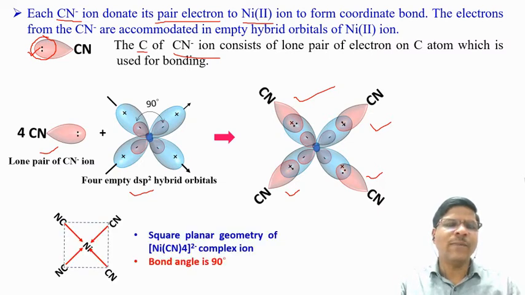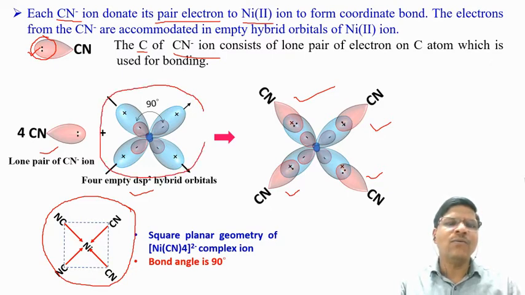So what will be the geometry? Ultimately, the geometry will be square planar. We get a square planar complex, and the reason is that the hybrid orbitals of the central nickel ion have orientation along the corners of a square plane.